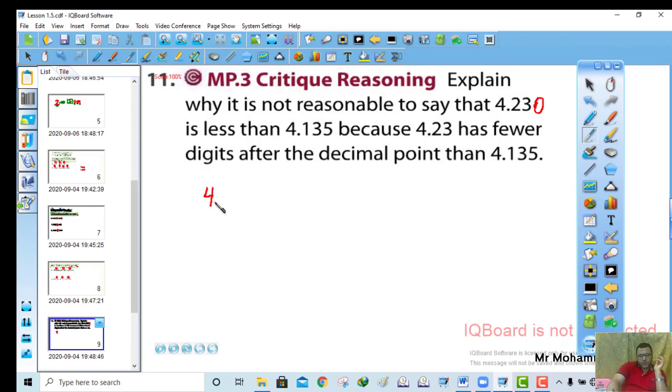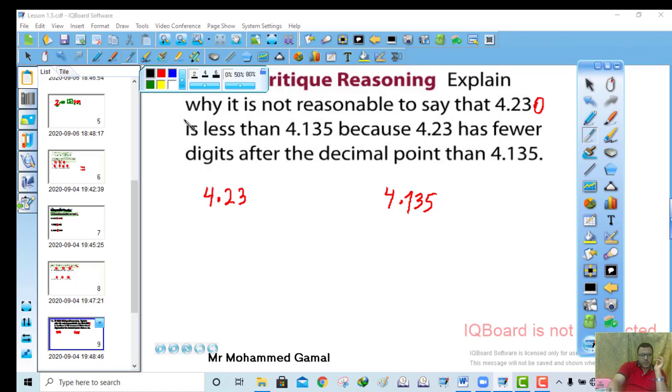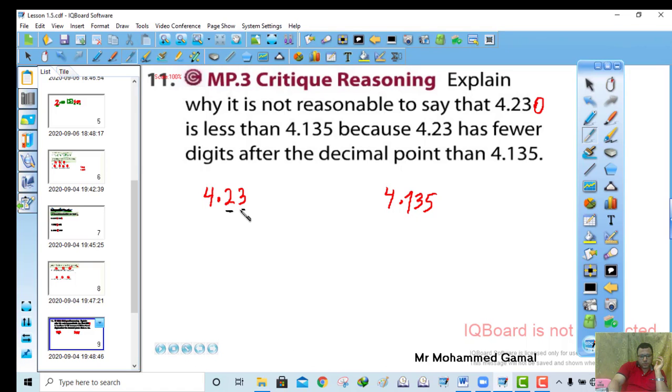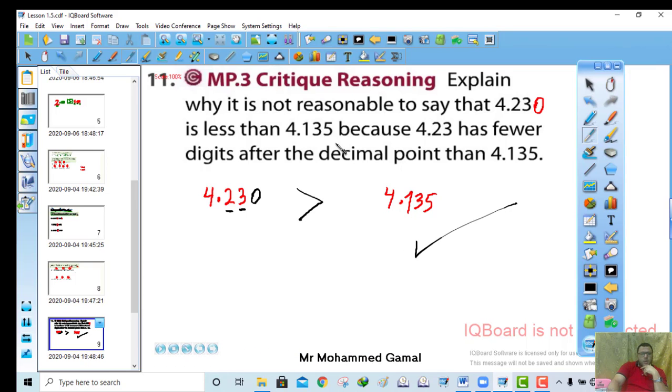I have here 4 and 23, from the hundredths family, and here we have 4 and 135 thousandths. Here we have 3 digits, but there we have 2 digits, so complete with the third to be from the same family, the thousandths family. Now 230 or 135? Of course, 230 is bigger.